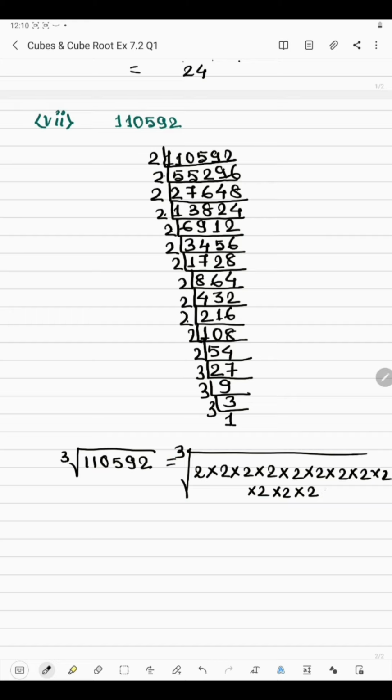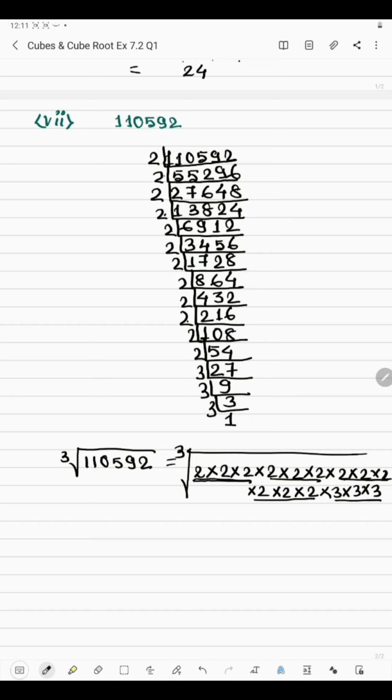And then we have 3 threes. So 1 2 3. Now we will make groups of 3. So here is one group, here is one, here is one, here is one, and here is one.